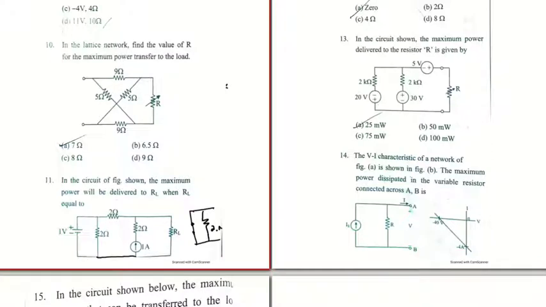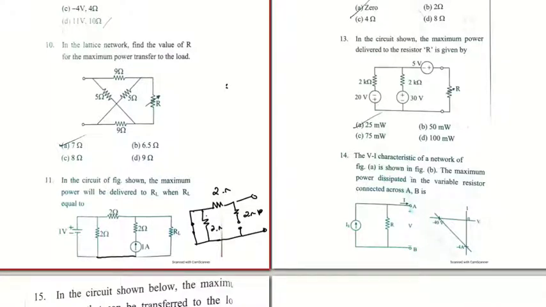2 ohm, and this current source is open circuit. RL is not here. We have to first open circuit that particular RL itself, and now look into the circuit.